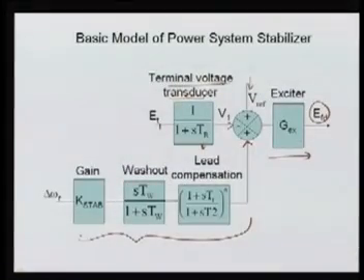So now this is your PSS blocks. We have three components. One is your gain, that is called KSTAB. Your washout filter here is sT omega divided by 1 plus sT omega, where T omega is the time constant, and here (1 plus sT1) over (1 plus sT2) to the power n. This is a lead compensation we normally use.